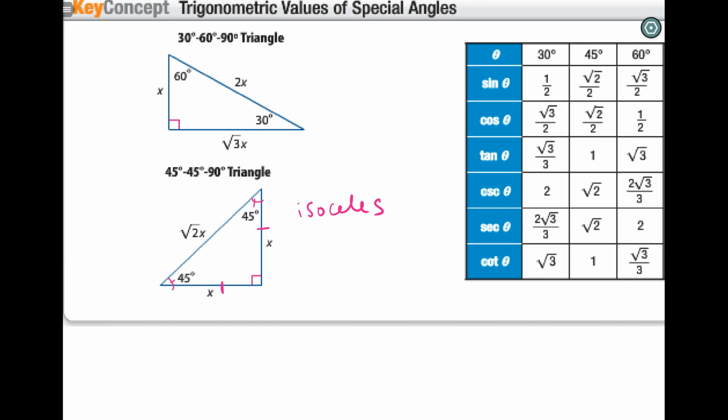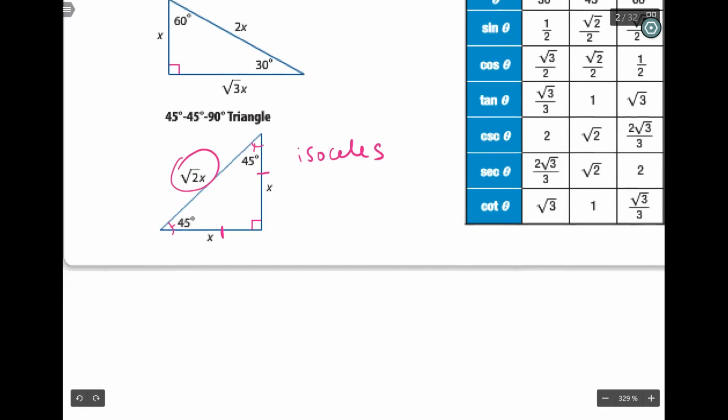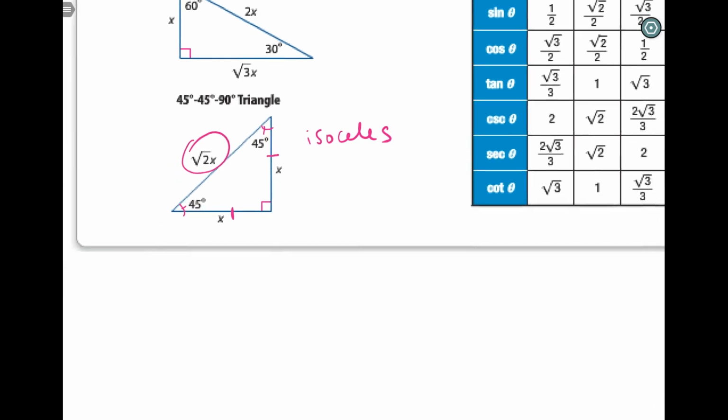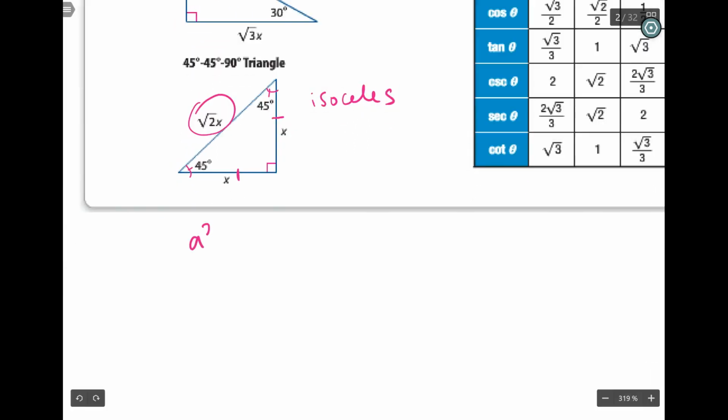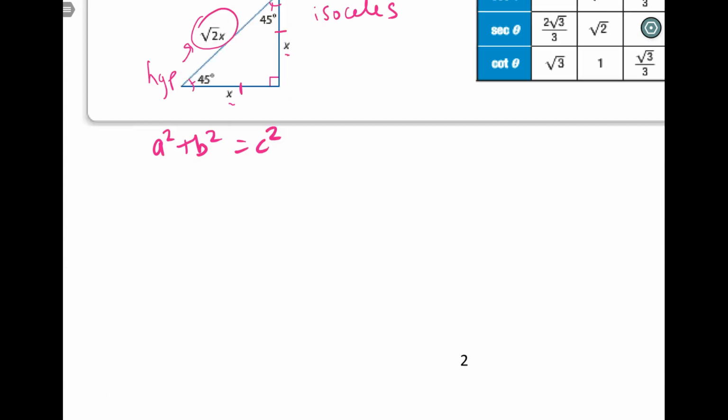Awesome. So to prove that the hypotenuse is square root of 2 times x, just remember that Pythagorean theorem says a squared plus b squared is equal to c squared. And here we know that this side length is equal to this side length, so I can simplify and say a squared plus a squared is equal to c squared. You can combine like terms.